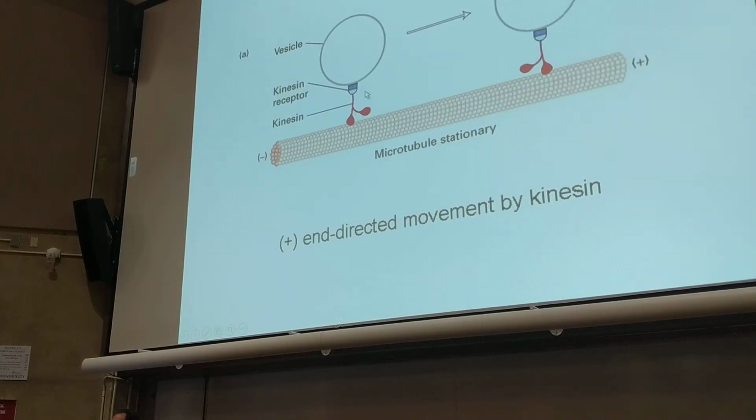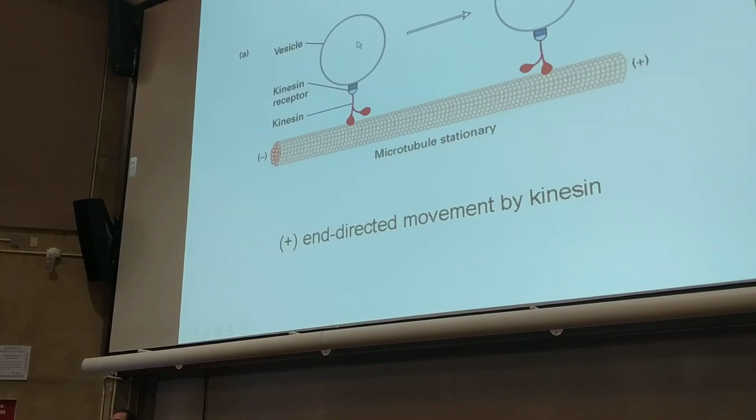and these are motor proteins that utilize energy to walk along the microtubules. And they are very large complexes, like the kinesin with the kinesin receptor, many other complexes that bind to a vesicle with a cargo inside.